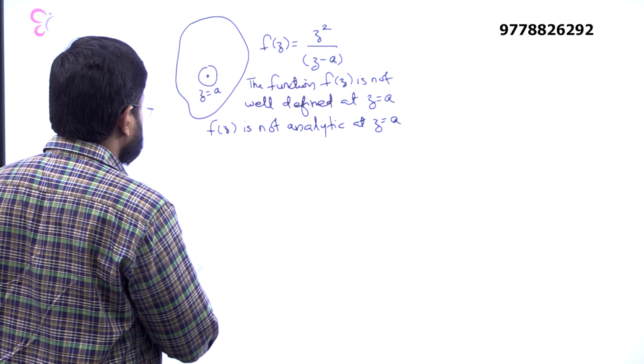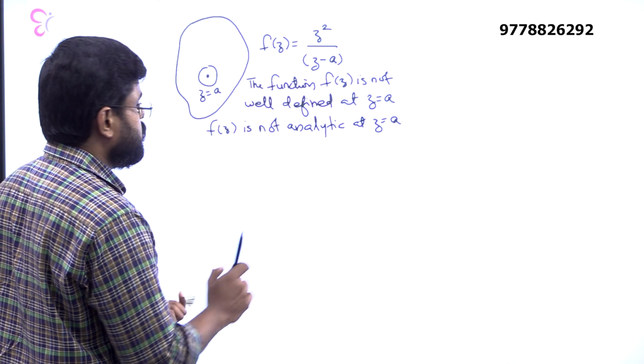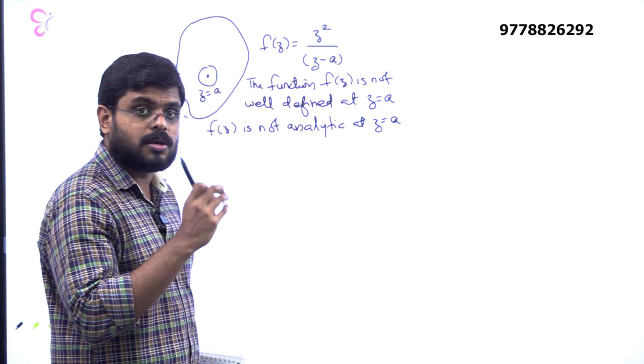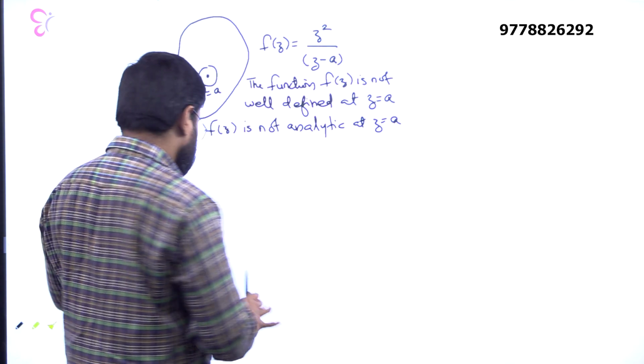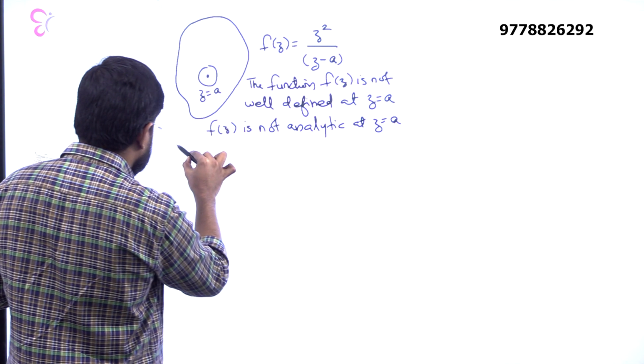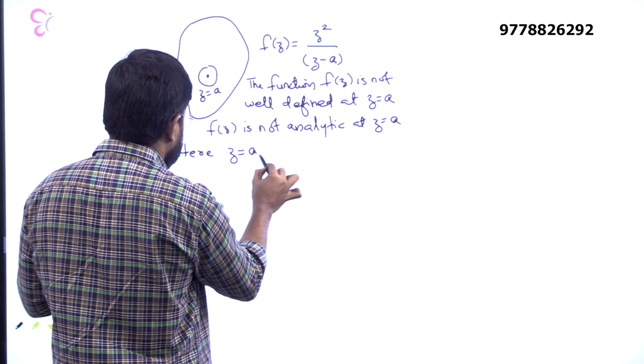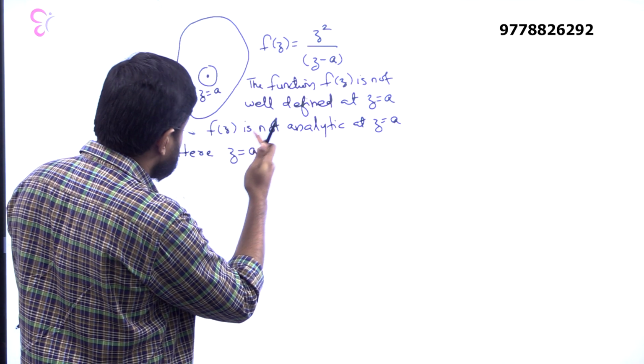So that peculiar point at which the function is not analytic is called a singularity. Clear?